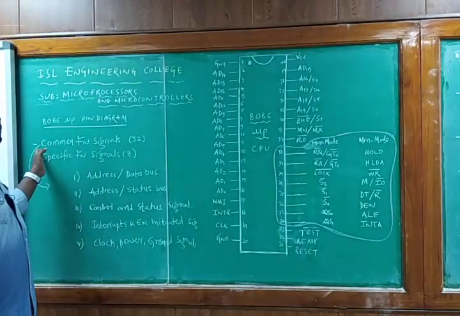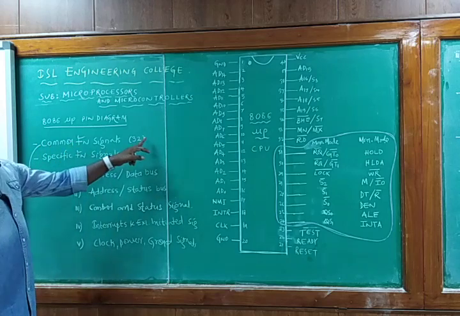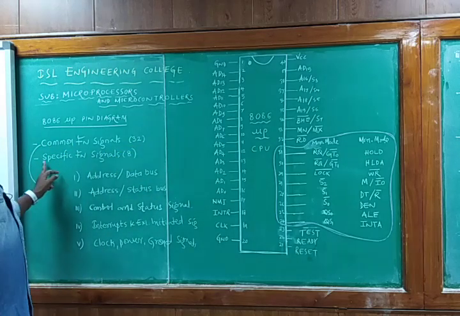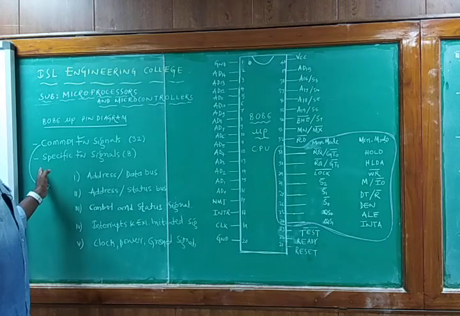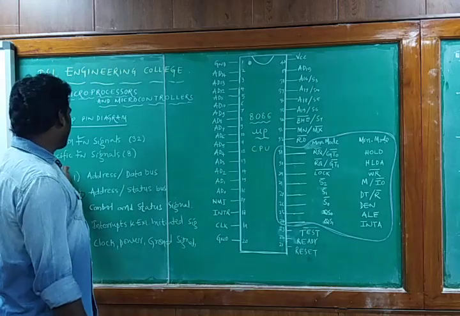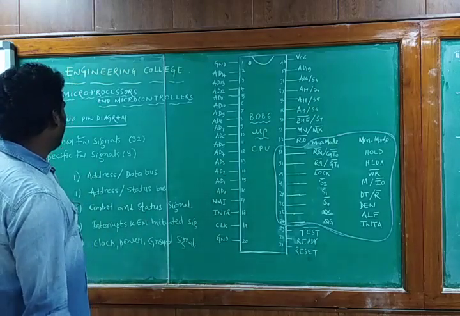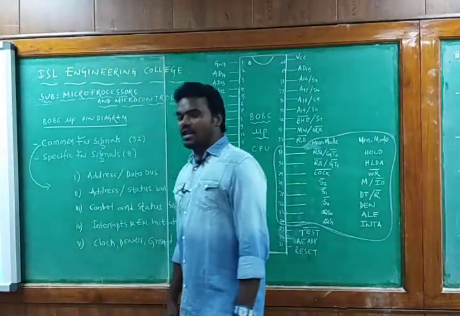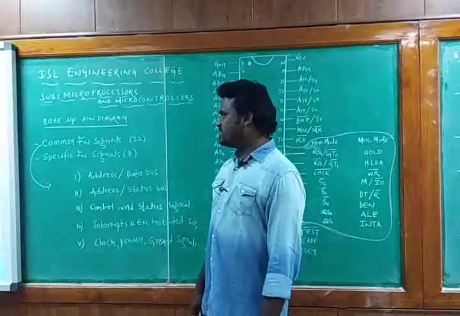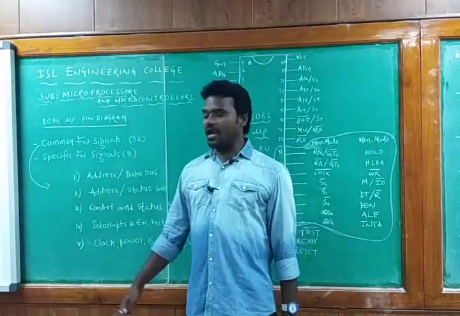These 32 signals are together named common function signals, and the remaining 8 pins give the specific functionality in the minimum mode and the maximum mode of operation, and those signals are named specific function signals.